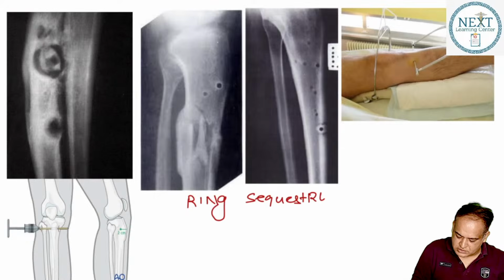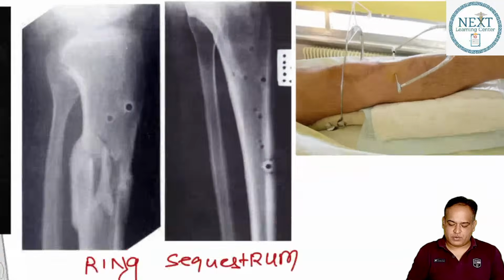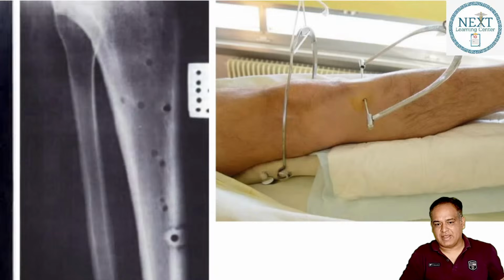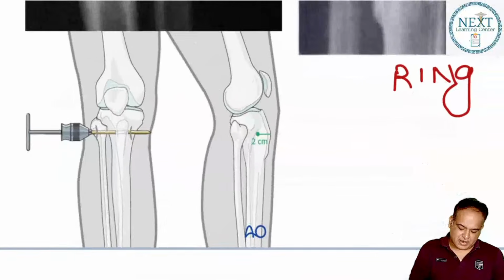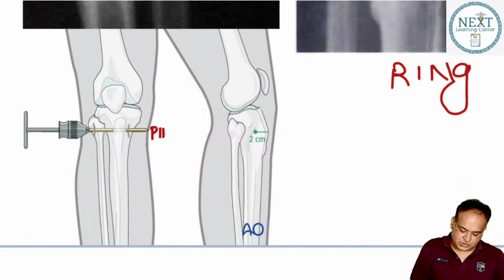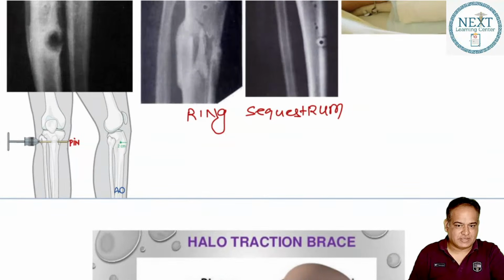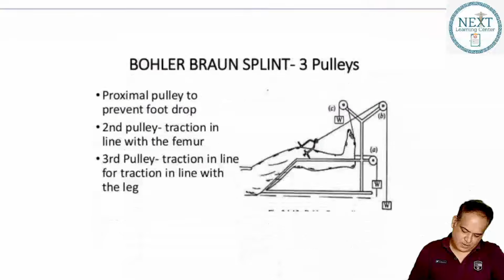Ring sequestrum is seen with skeletal traction. It develops around the skeletal traction pin. Fine. Ring sequestrum, not important.